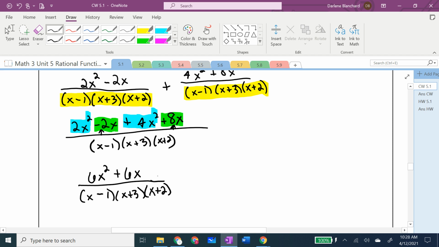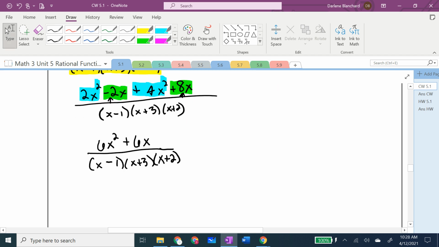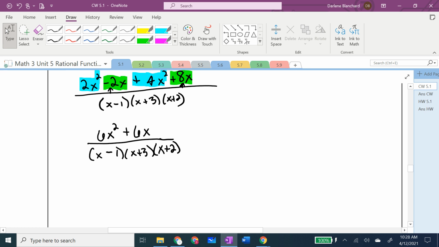Now, if there's nothing else that can cancel, if that numerator cannot be factored in a way where a factor can cancel, I'm okay with you leaving your answer this way. But let's check. That numerator is actually not too bad to factor. Do you see that there's something in common?